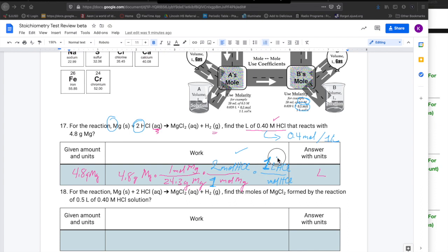Liters gets 1 when it's in molarity, and the moles is what this is. So there's my calculation. Hey Siri, what's 4.8 times 2 divided by 24.3 divided by 0.4? 4.8 times 2 divided by 24.3 divided by 0.4 is about 0.9876. Okay, so about 1 liter.